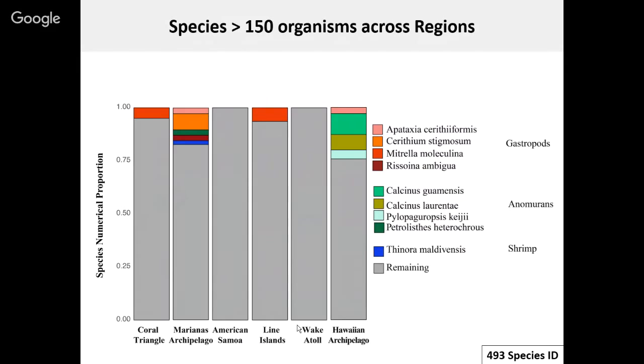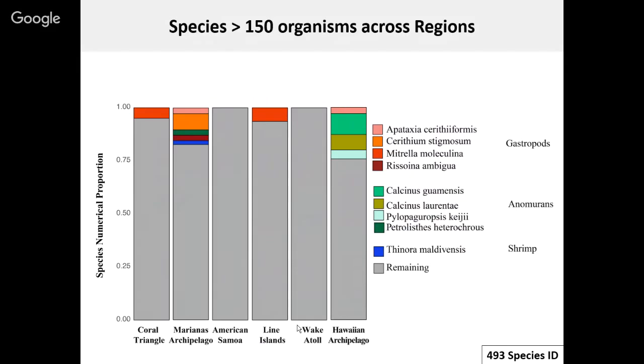In the Hawaiian archipelago, they have a lot of species of hermit crabs. That's what Calcinus, the genus, is right there. That's a hermit crab. So you can see that even the species distributions are quite different, which would be expected since we didn't really see a whole lot of overlap.